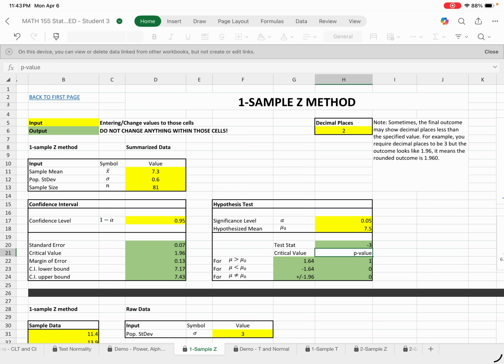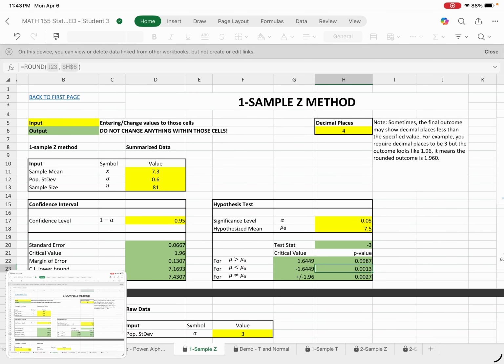But you see, let's maybe up these decimal places to 4. That's a little bit better right there. Okay. So if we go right over here, see how this corresponds to our alternate hypothesis? And we get a p-value of 0.0013. Let's snap a picture of that.